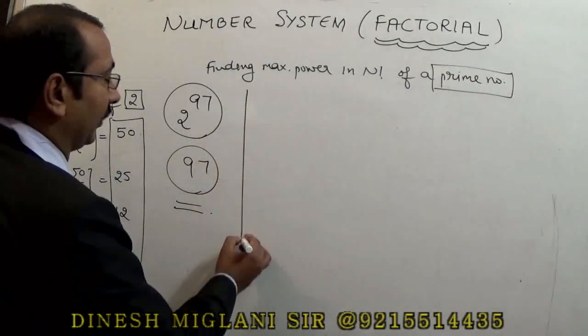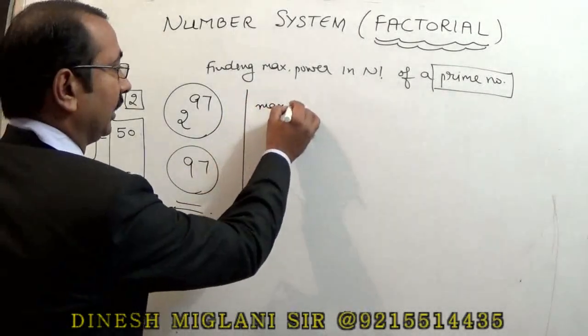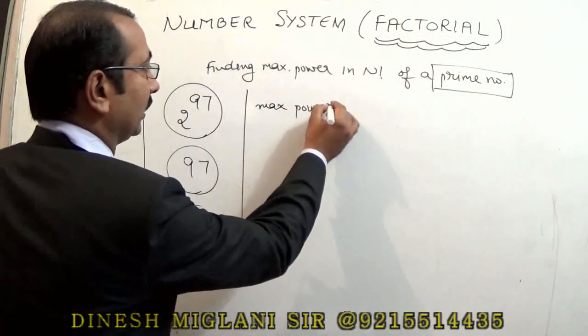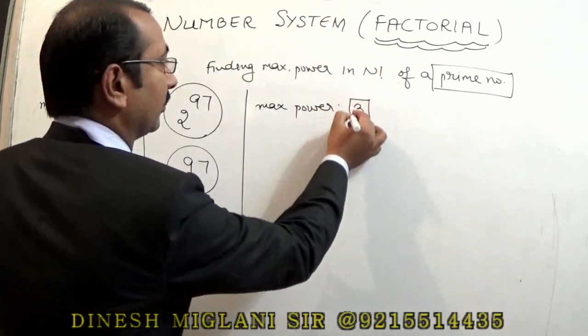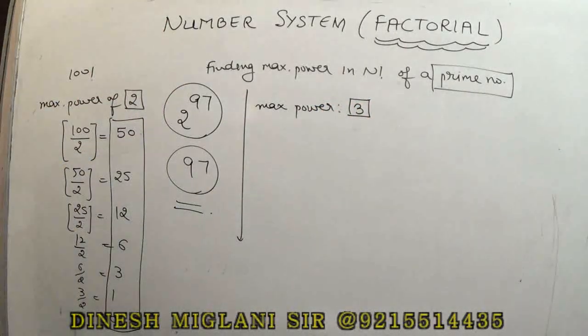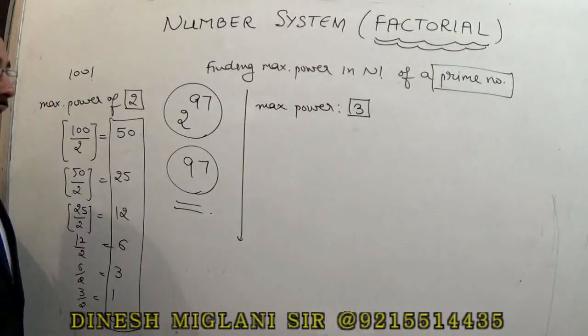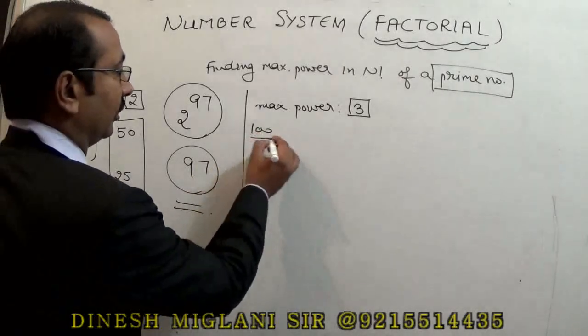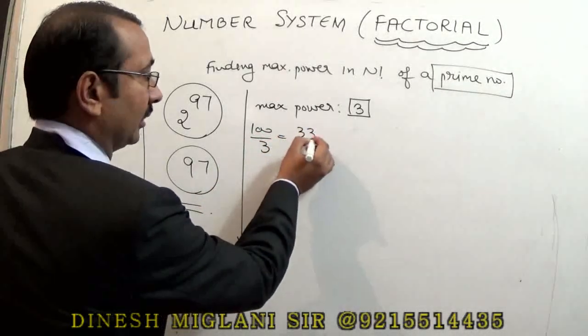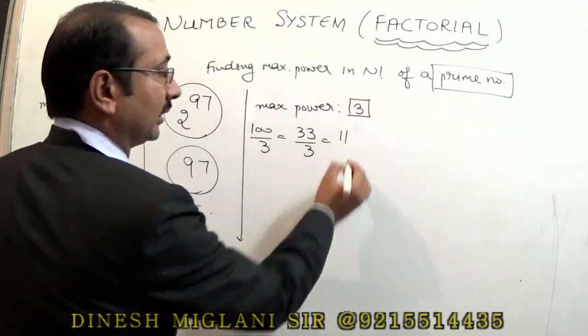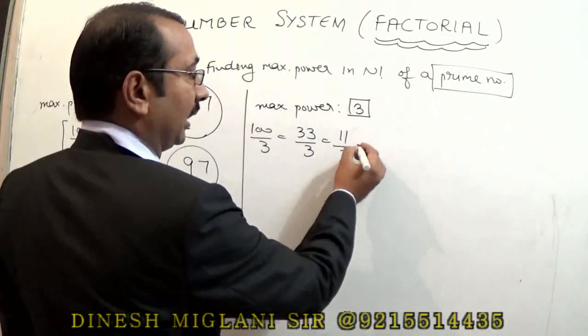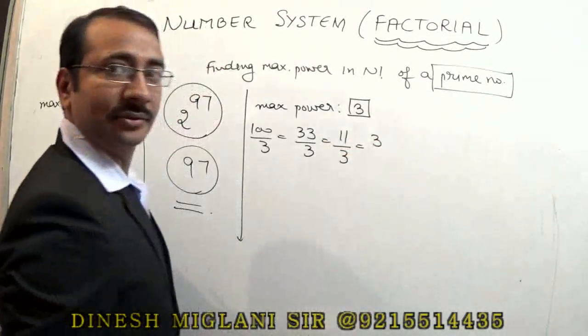Suppose I have to find the maximum power of 3 in 100 factorial. So now we try to answer it easily. First I divide 100 by 3. I get 33. Then 33 by 3, I get 11. 11 by 3, I get 3 point something, make it 3.